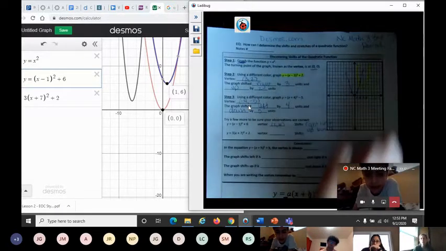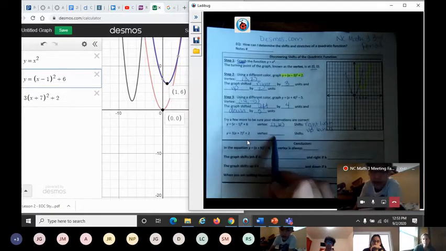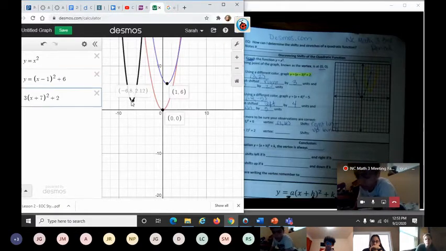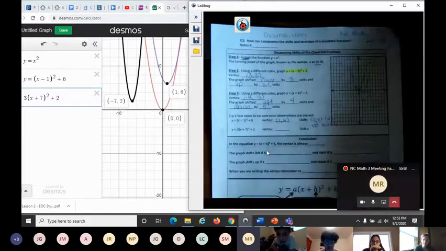Okay. So now I have this last one, the 3 times x plus 7 squared plus 2. Marquez, are you here? Yes, ma'am. Perfect. What's my vertex going to be for this function? So it's the black one on Desmos. Can I type it in real quick?